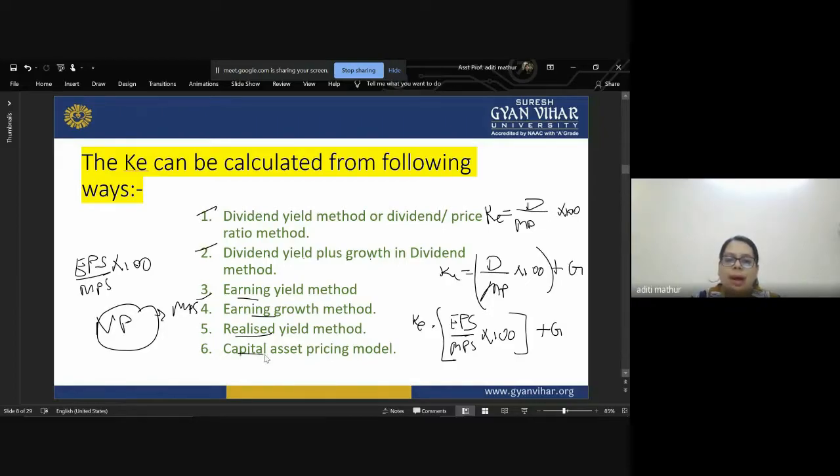And when we talk about the capital asset pricing model, that is CAPM, KE equals RF plus beta into RM minus RF. And this is how we calculate cost of equity.